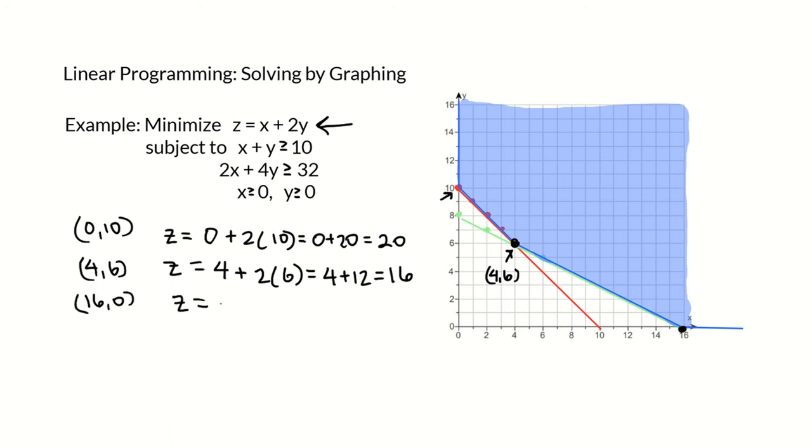So z equals 16 plus 2 times 0, which is 16 plus 0, which is 16. So the minimum value for z equals x plus 2y is 16, and it occurs at both 4, 6 and at 16, 0, which means it occurs along that entire line segment.